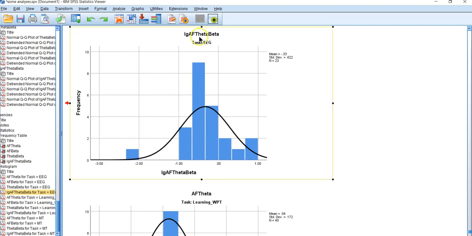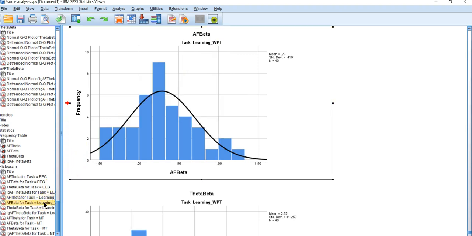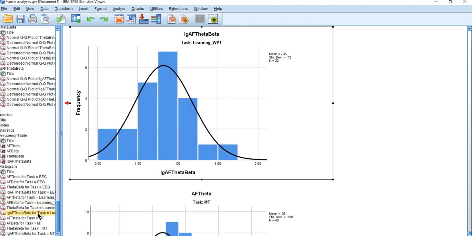And now this is the log of theta beta and much closer. Go to a different task. Here's theta again, and this is the learning task, a word pair learning task. Theta's kind of normal. Beta's sort of normal. Theta beta is real skewed. The log of the theta beta is normal again.